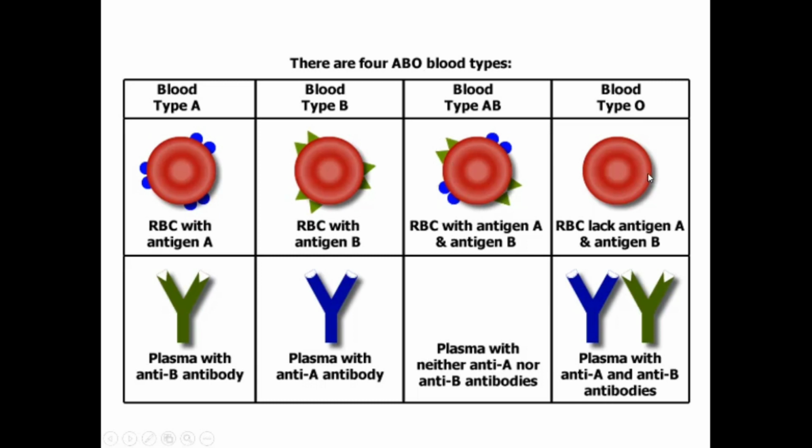And in type O, we have antibodies against both of them. The question here, as an assignment for you, is why we have antibody against, for example, in this person, B. But this person never got blood from this person to produce the antibody.